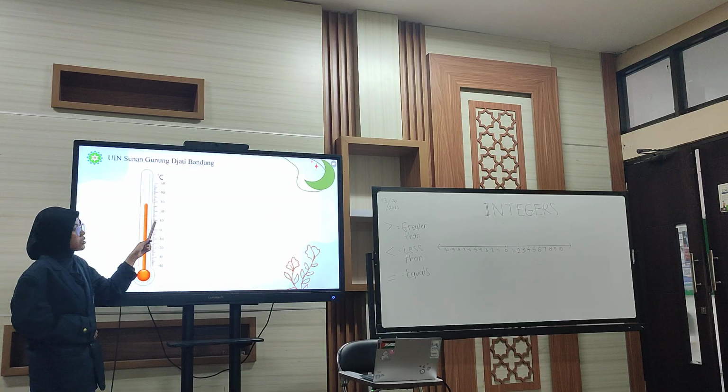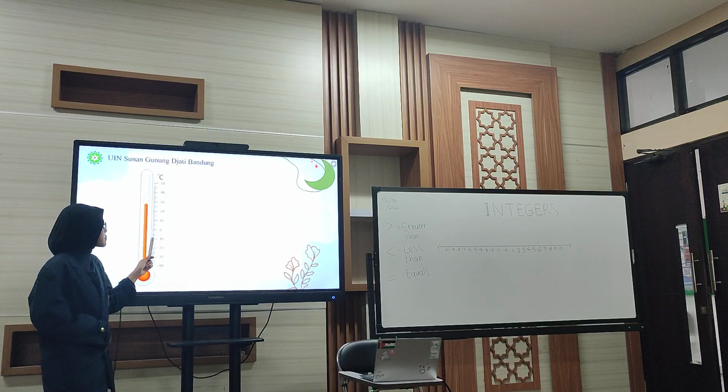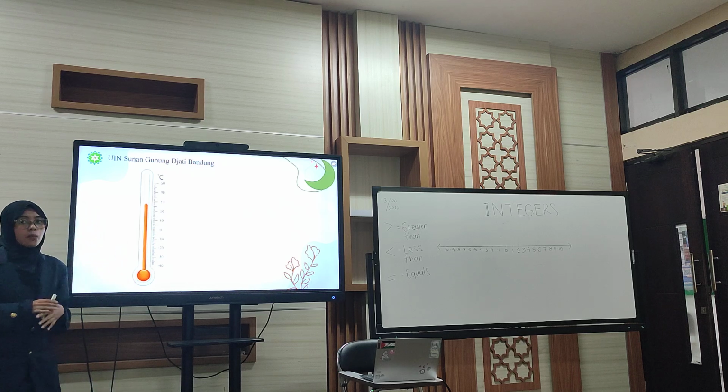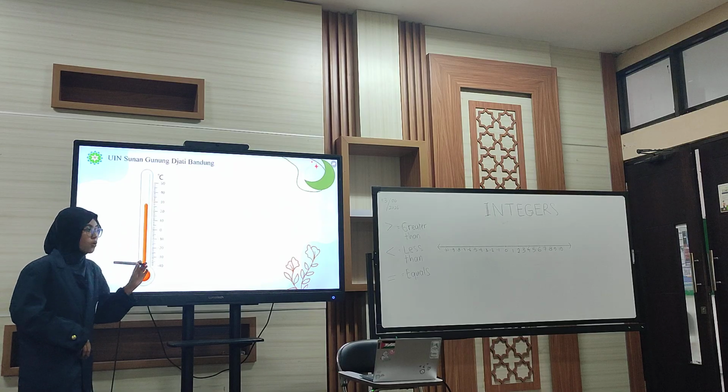This number we call 10, but the number 10 with the minus sign we call negative 10 or minus 10. So what is the difference between 10 and negative 10 or minus 10?